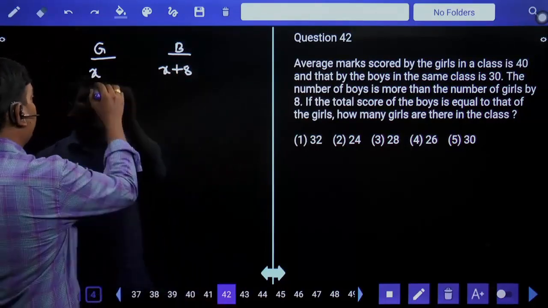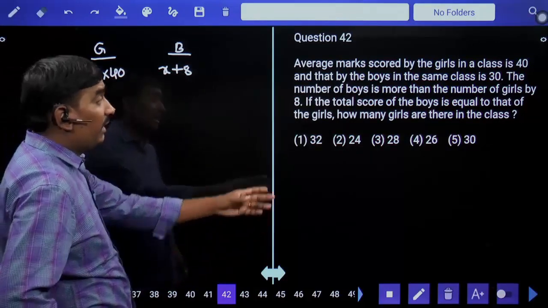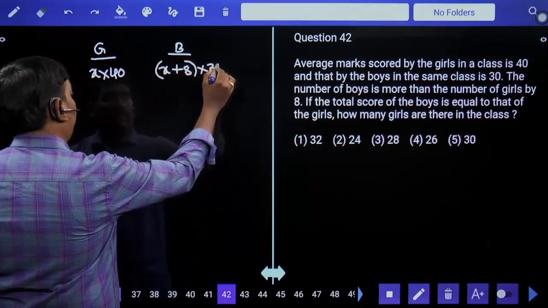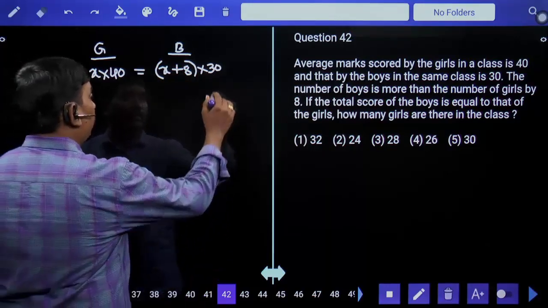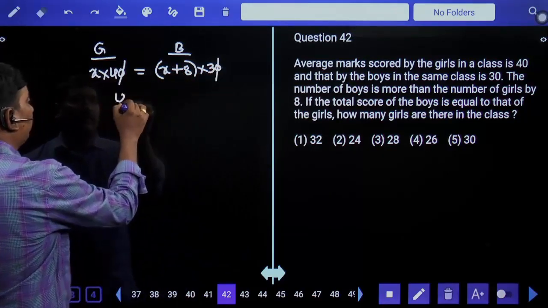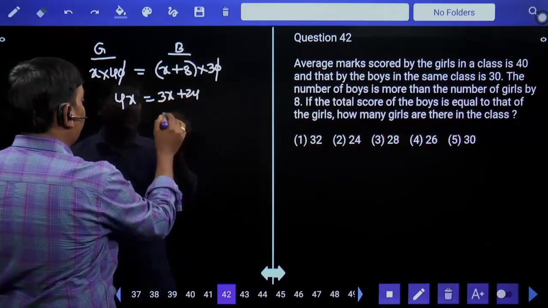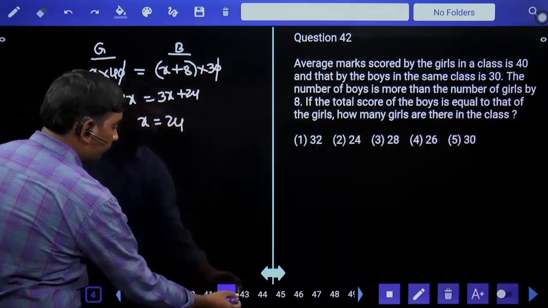Average of the girls is 40, then total of the girls is x into 40. Average of the boys is 30, then total is x plus 8 into 30. Total of boys and total of girls are equal. Just find x. 4x is equal to 3x plus 24. X is equal to 24.